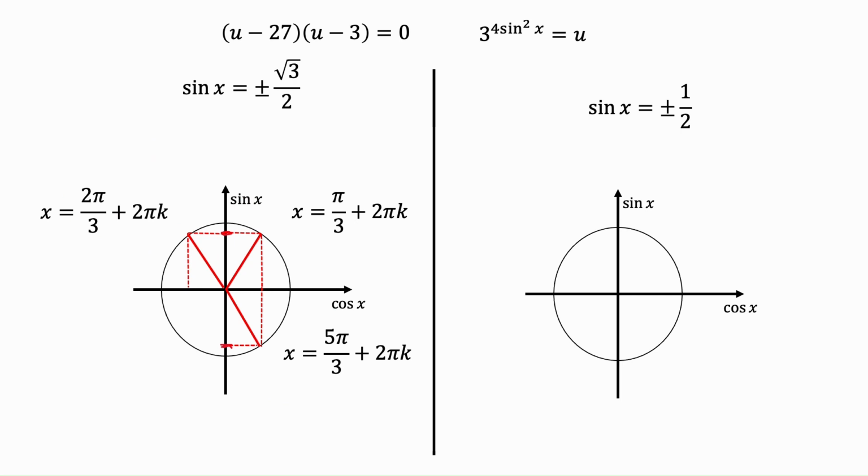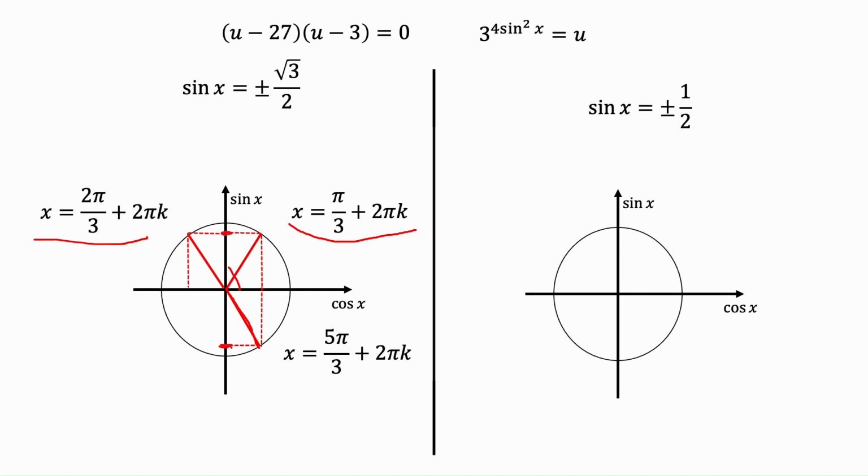So great. By now we found the x values for sine x equals positive square root of 3 over 2, which these are our roots. And the other one is sine x equals negative square root of 3 over 2. So here, if we have negative square root of 3 over 2, this is going to be our angle.